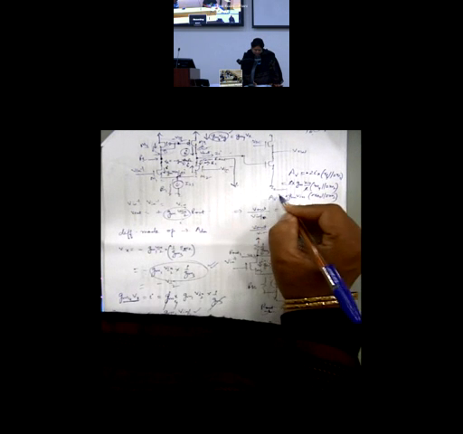Net gain would be given by this, which is similar to common source amplifier. Got it?